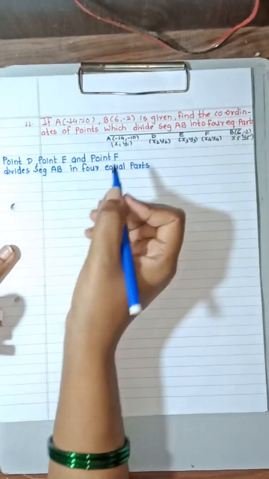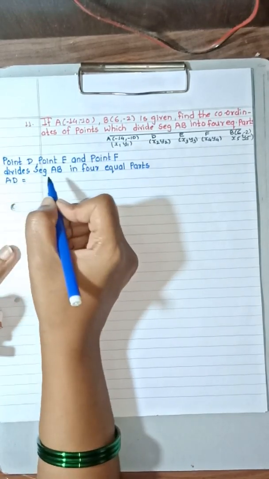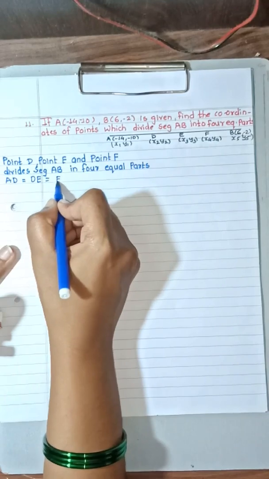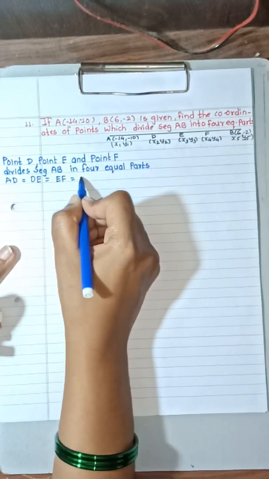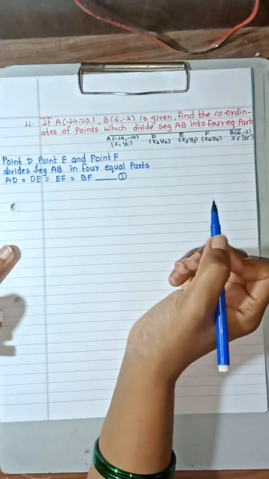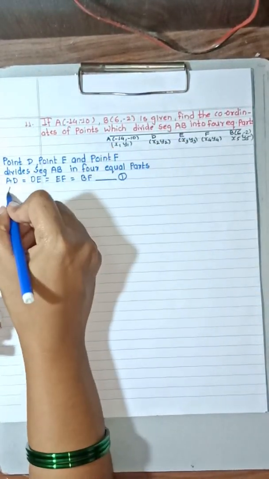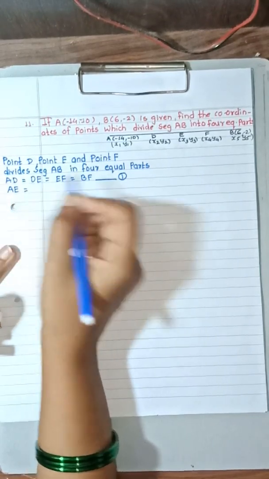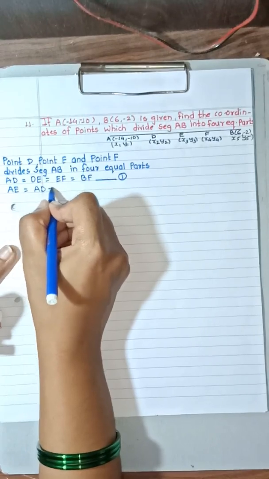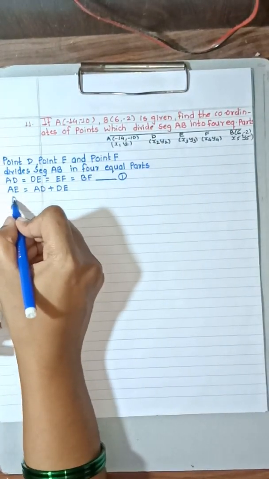Now if you see, AD is equal to DE, DE is equal to EF and EF is equal to BF. This we'll put as equation 1. Now we'll consider AE. AE is nothing but AD plus DE.